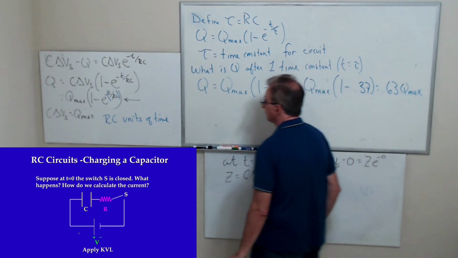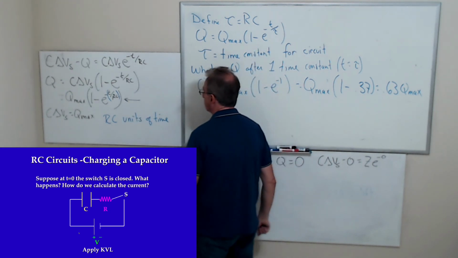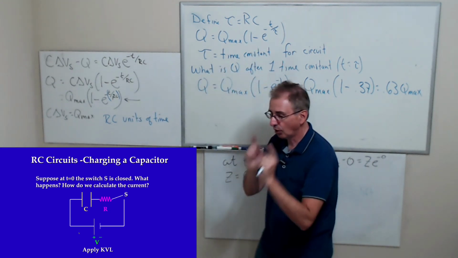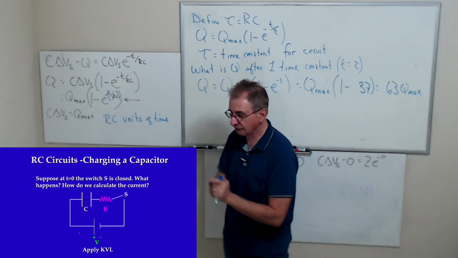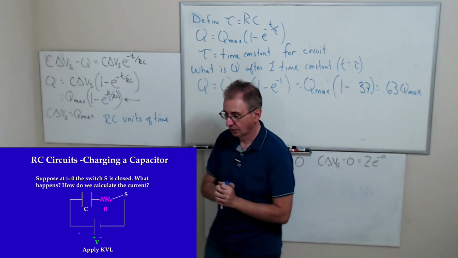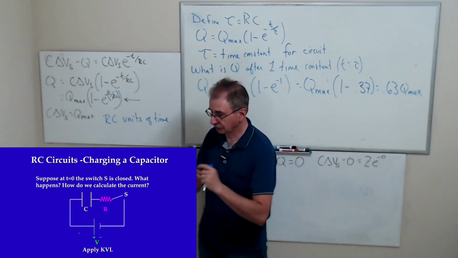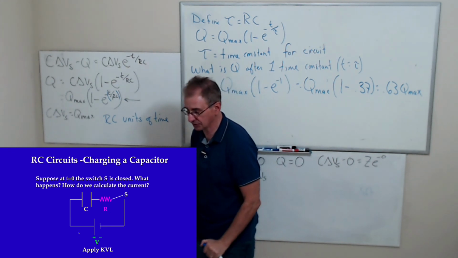Okay. So, you can write Q either this way or this way, it doesn't matter. You only use that equation if you're solving for Q given t, or you're trying to solve for t given Q. Otherwise, you have no use for that equation.